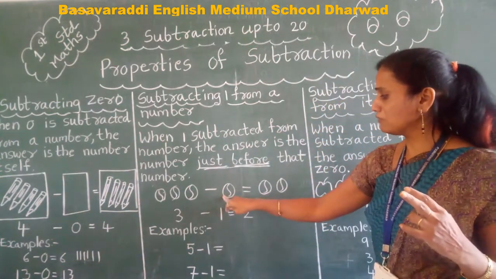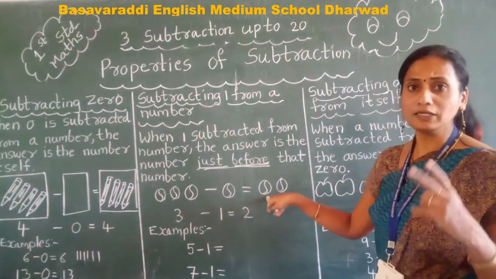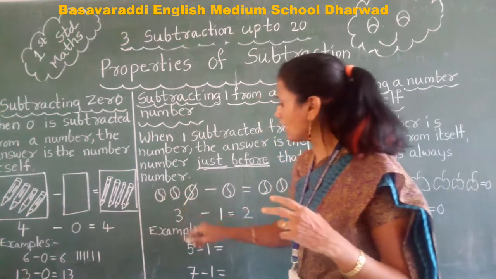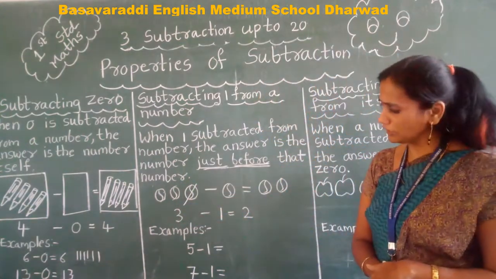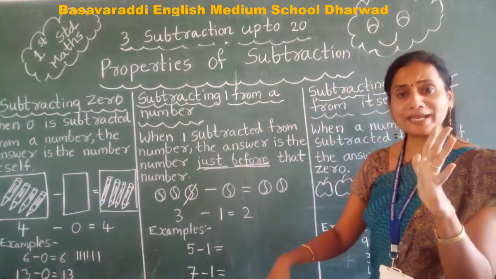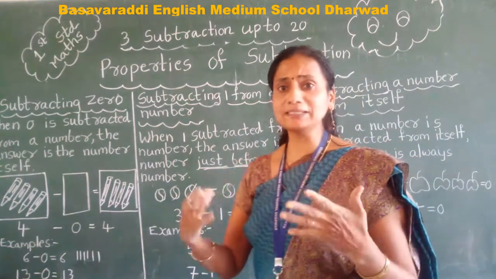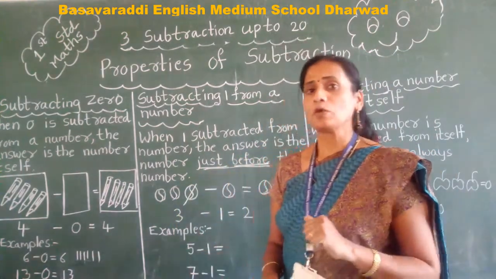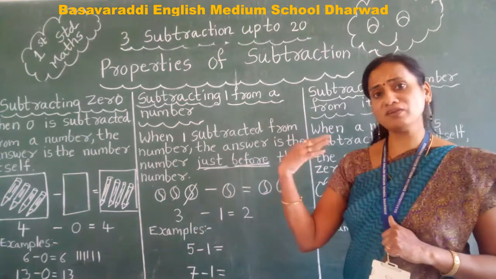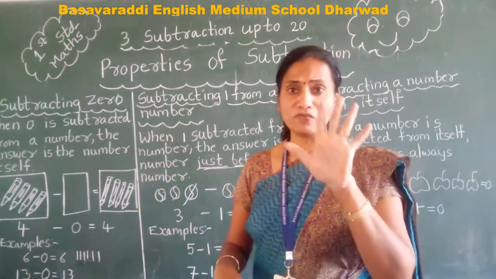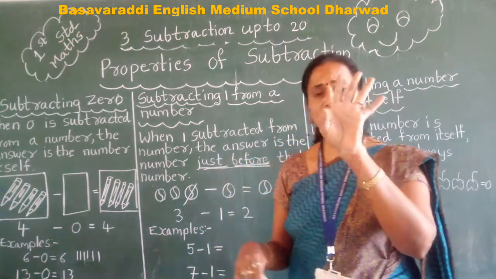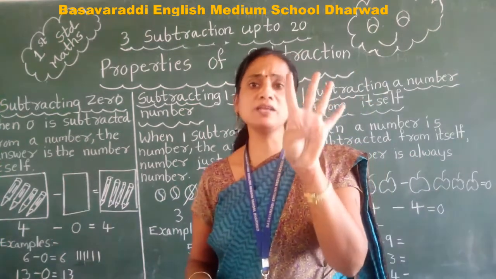So when we are minusing 1, if you cross out 1, what remains? Example: 5 cards are there. One person takes one away, so 5 minus 1 leaves 4.